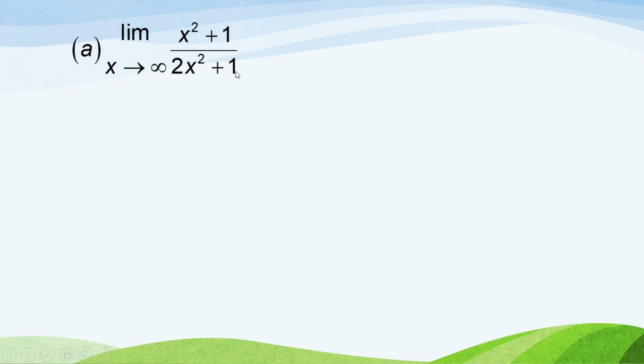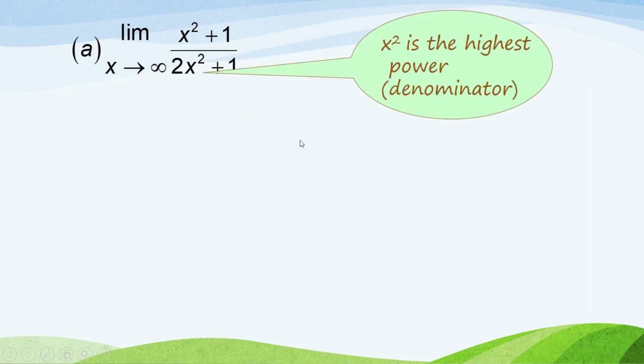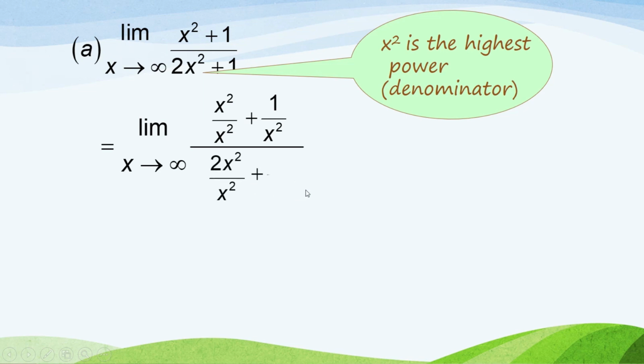For this question, we look at the denominator, and we can see that x squared is the highest power of the denominator, so we must divide all terms in this limit by x squared. x squared divided by x squared, and 1 also divided by x squared. 2x squared divided by x squared plus 1 divided by x squared. x squared divided by x squared, we get 1, plus 1 over x squared. 2x squared divided by x squared, we get 2, plus 1 over x squared.